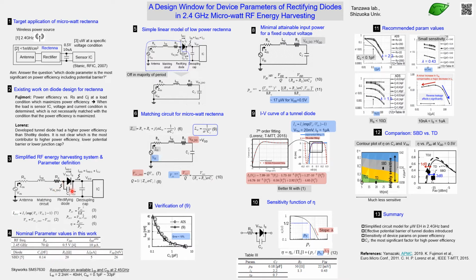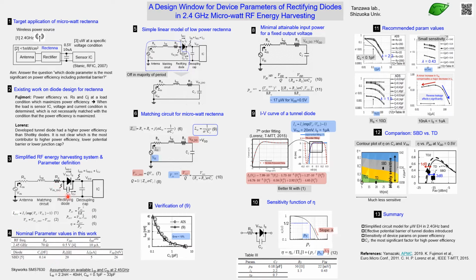Because the rectifier diode has capacitance rather than inductance, the matching circuit is assumed to be an inductor connected in parallel or in series.